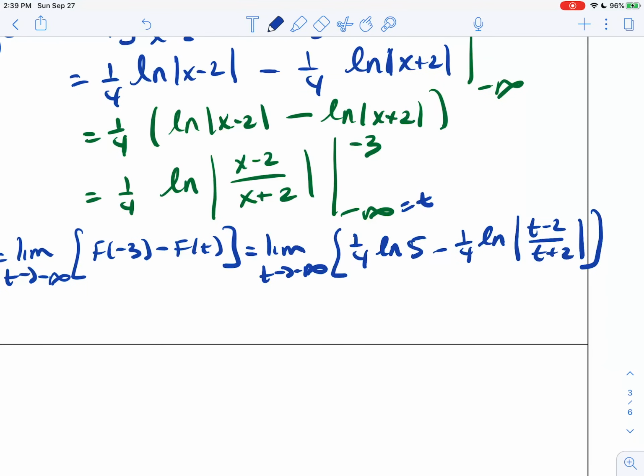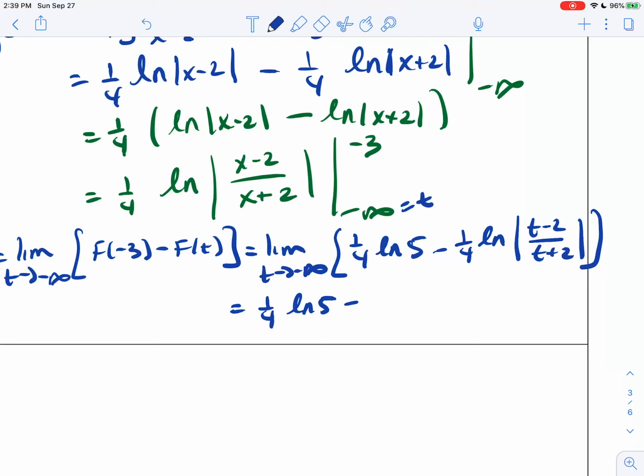Good. The limit of your constant is going to equal your constant, the limit of a difference is the difference of the limits, and so this is minus. Also the limit of a composition is the composition of the limits, provided that the functions are continuous.